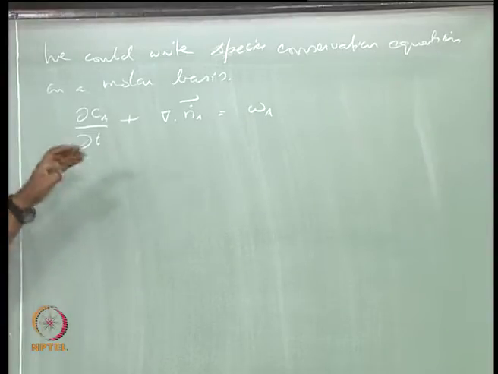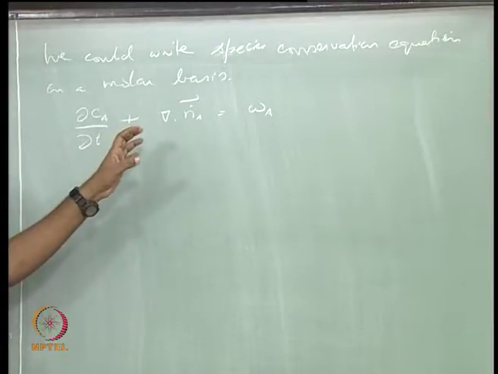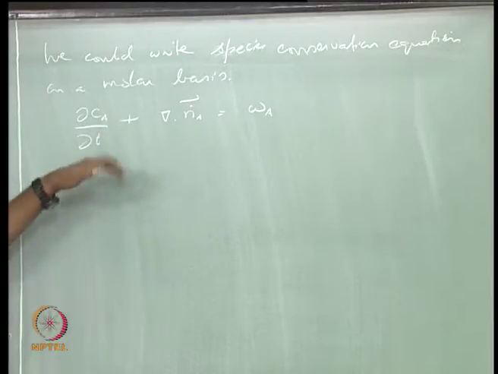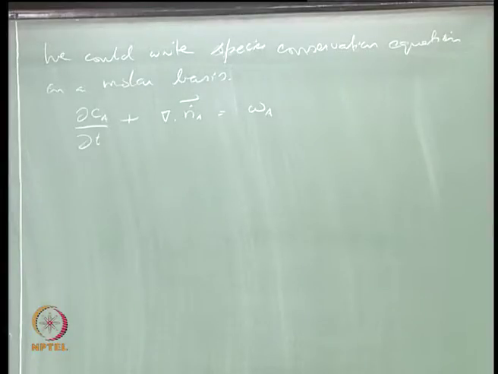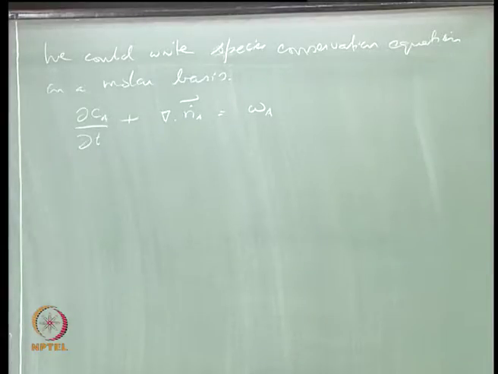What will happen? If you now write the same thing for species B and you look at only a binary mixture, what do you think will happen? You will get CA plus CB is equal to C, right? And you can also get a similar expression over here.